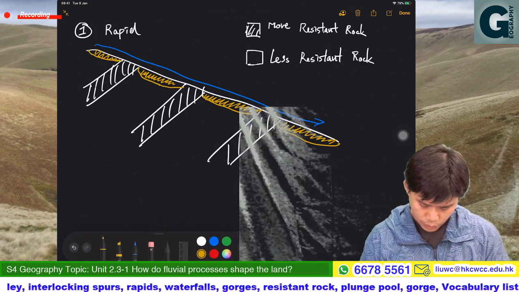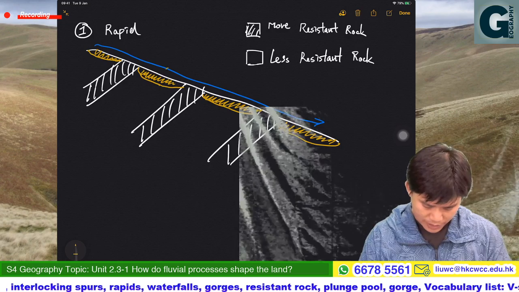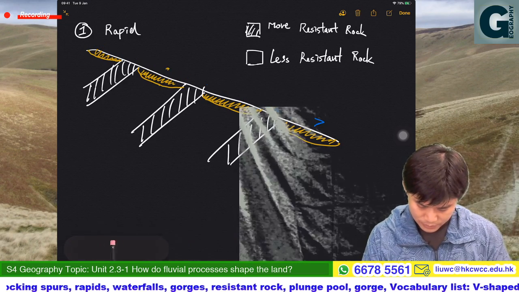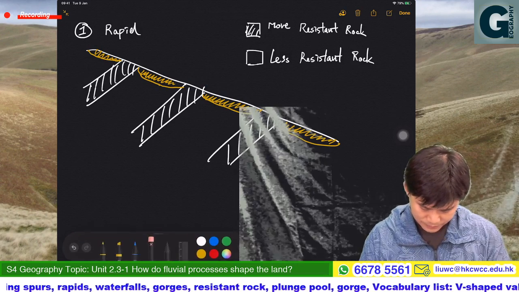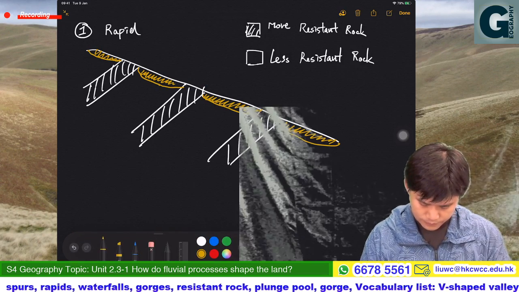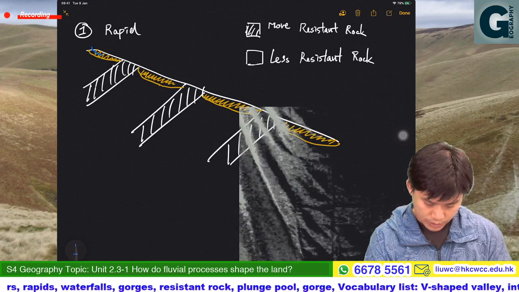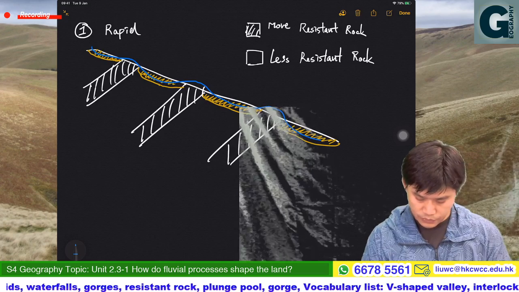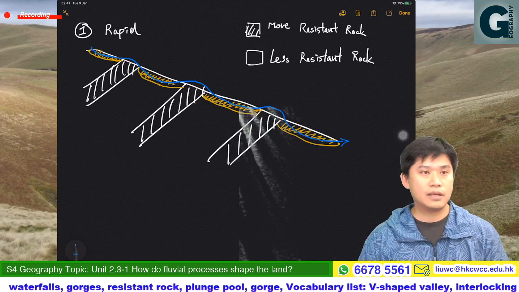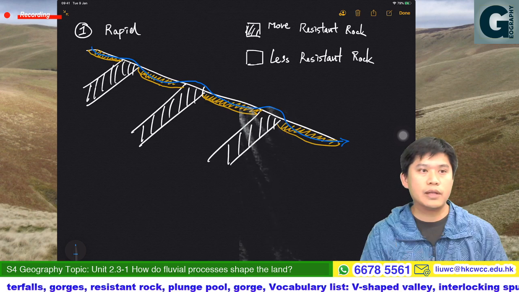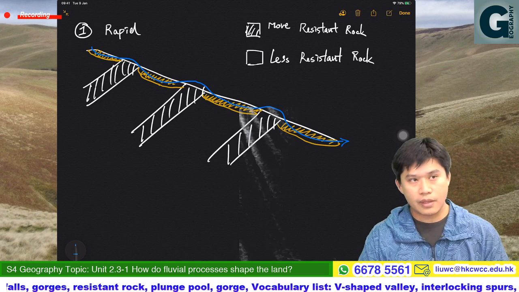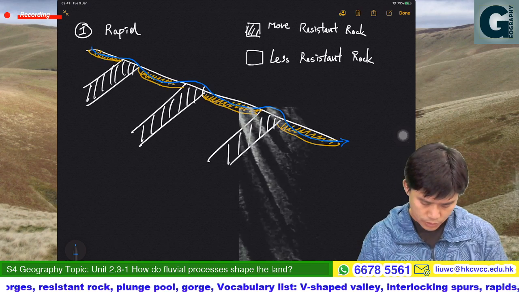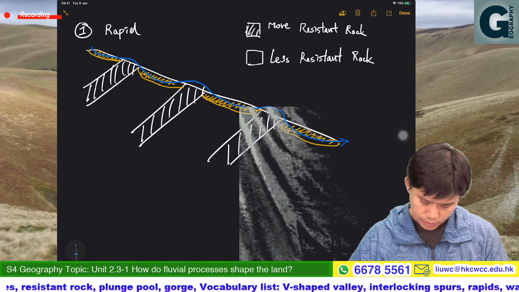So therefore the water will then flow like that. There will be different steps, and that will lead to turbulence, and that is what we call the rapid. So this is the first one, rapid.